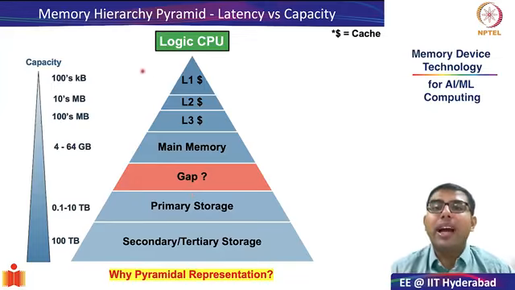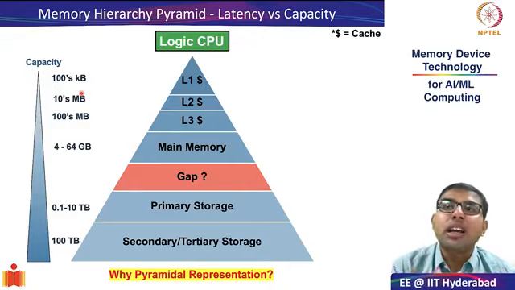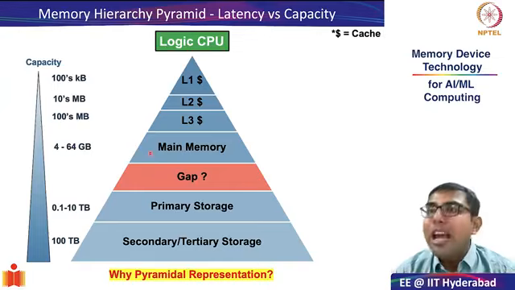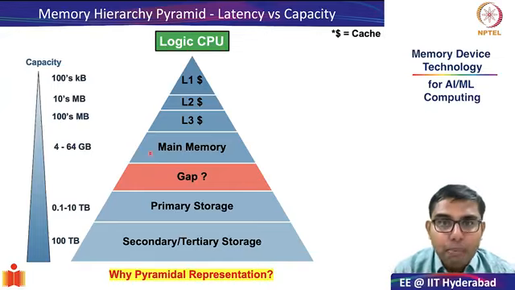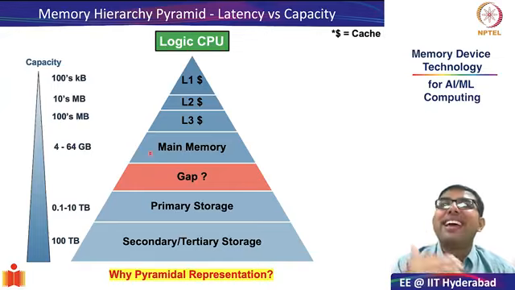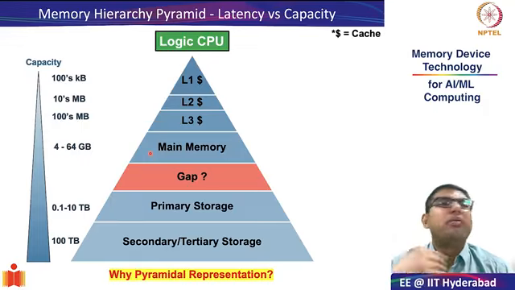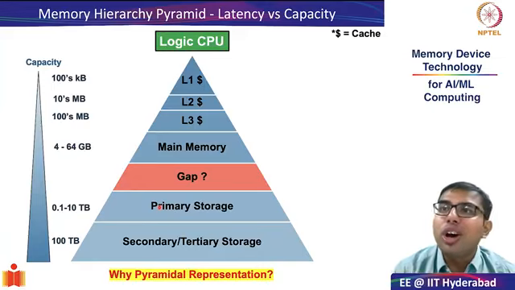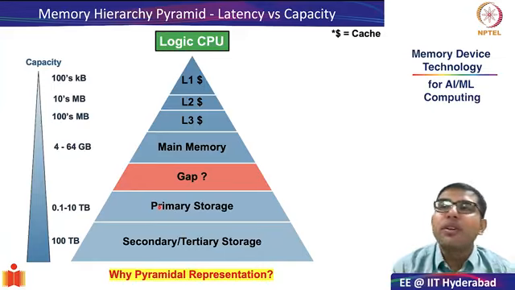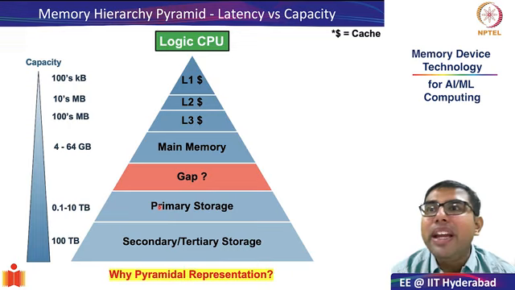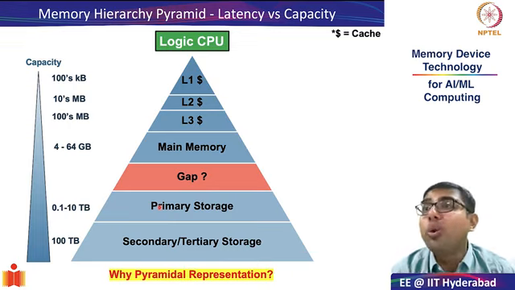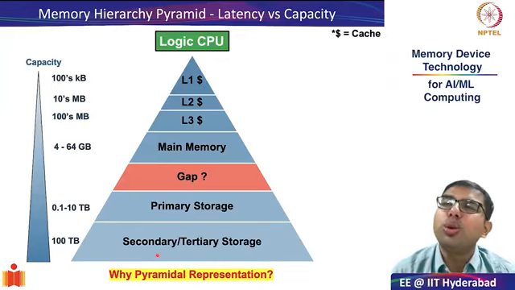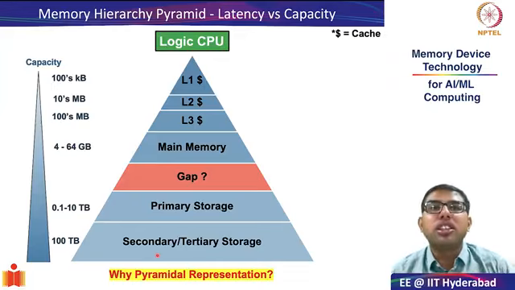While L1, L2 and L3 caches have memories in the orders of KBs and MBs, the main memories, when you buy these phones and laptops, are typically in the range of 4 to 64, or even very high performance 128 GB, whereas primary storage, your SSD drives, have roughly 1 to 10 TB of data, and your secondary storages, which are generally used in the cloud, hold hundreds of TBs.